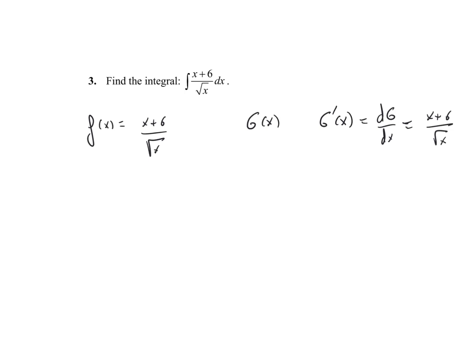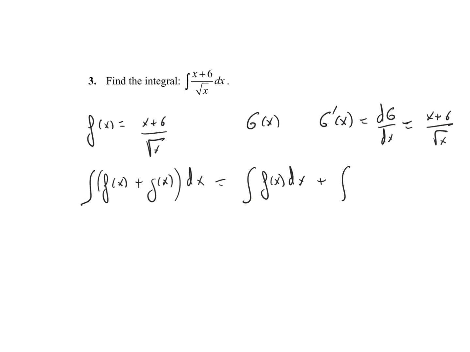So we know that the derivative of the sum of two functions is the sum of the derivatives. We know that the integral of the sum of two functions dx, the antiderivative of the sum, is the antiderivative of the first plus the antiderivative of the second.